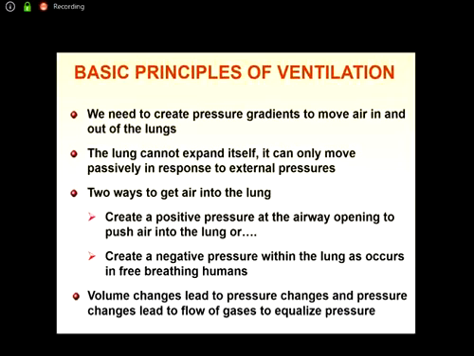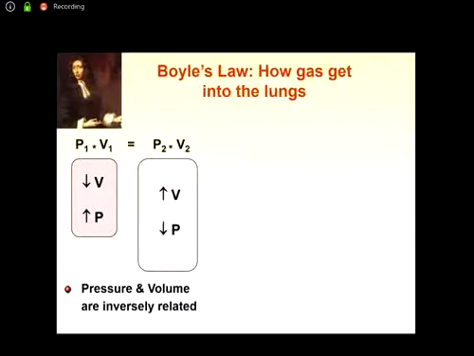And as we can explain now, the volume changes lead to pressure changes, and pressure changes lead to flow of gases to equalize those pressures. I'm going to explain that right now. So there's a law that was described by Boyle in 1662 that described how the pressure of a gas tends to increase as the volume of the container decreases.